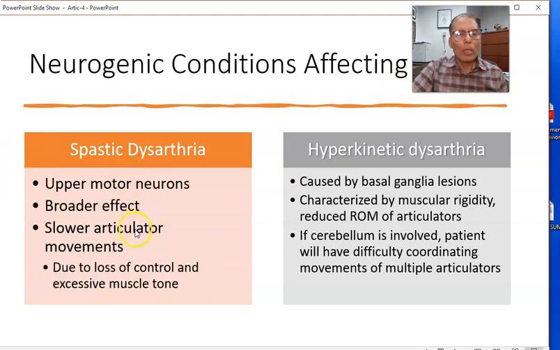So the effect is bigger, is broader, because you have one little area here, for example, the motor strip, and it is communicating with so many areas below. For example, one little segment, similar to the size of a finger tip, controls a big part of your body.